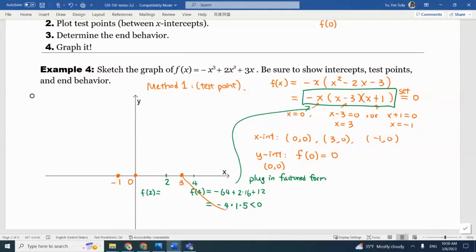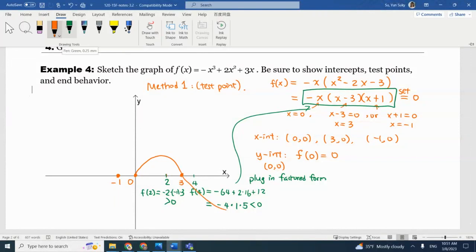Negative 2, plus 2 minus 3. 2 minus 3 is negative 1. 2 plus 1, 3. Positive or negative? Negative? Minus 2 times minus 1 times 3. Positive. So which means on this piece is above the x-axis.